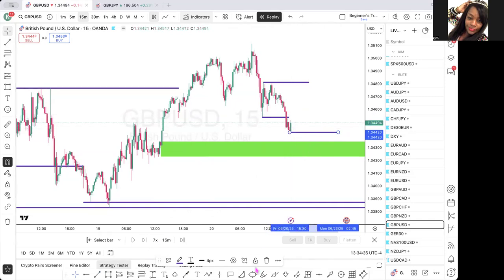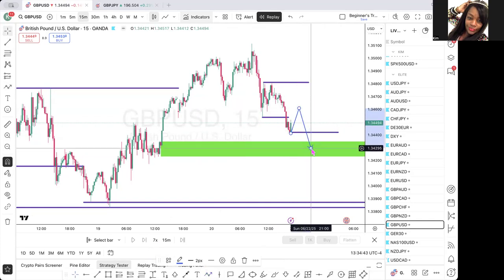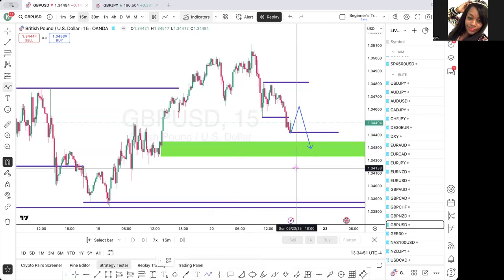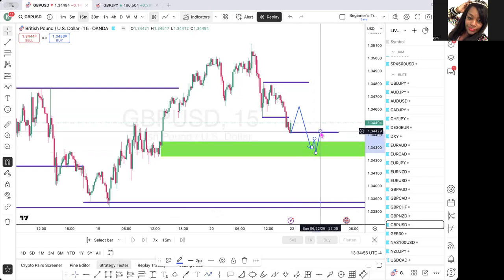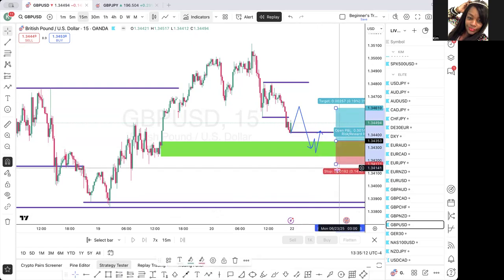What I would like to see price do is pull back to a supply zone and then sell into my POI, and then give me some kind of structure, meaning pull back and then a shift in character, meaning it broke this high. There was a break of structure here, a shift in structure, then I would be looking to buy from once that shift happens, and then I'll cover my low wherever that may be.